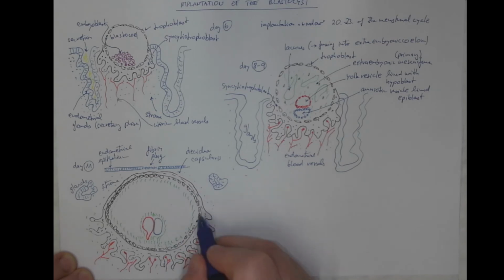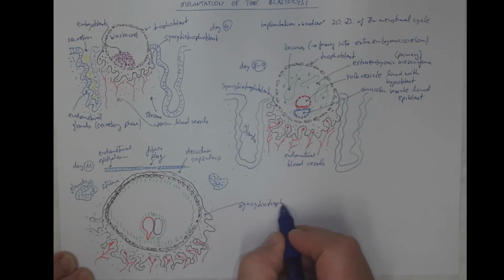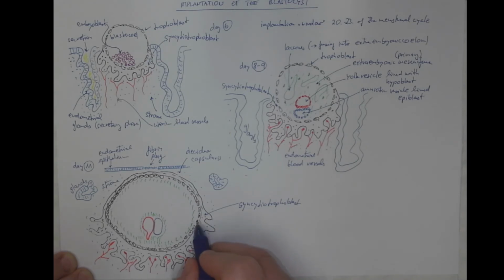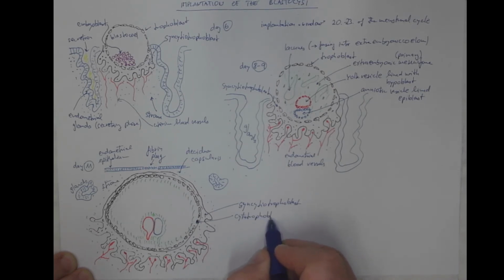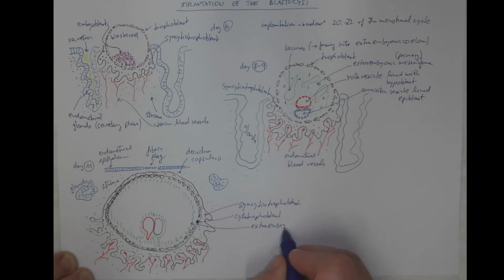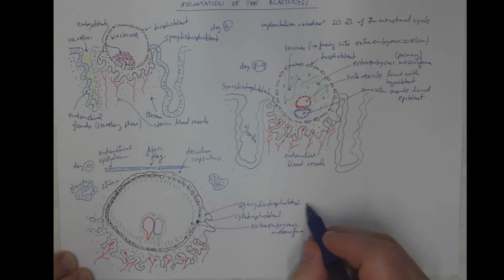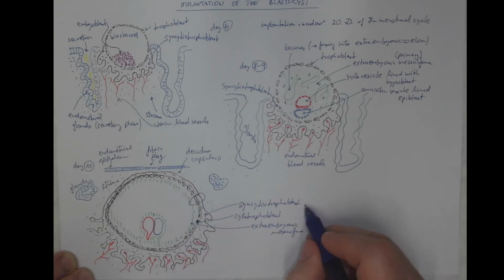And if you consider these three layers, namely the Syncytiotrophoblast, the underlying Cytotrophoblast, and the extraembryonic mesenchyma, they together form the outer fetal membrane called chorion.